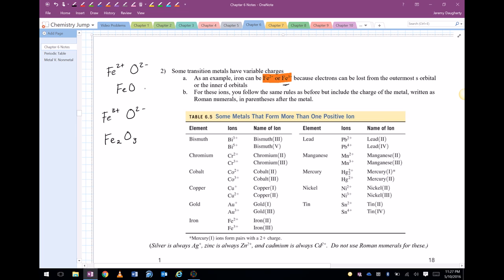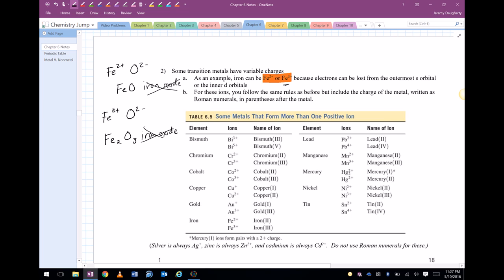But what would you call this? Well, this one, according to our naming rules so far, is called iron oxide. And this one, according to our naming rules, is iron oxide. But the thing is, they're two different compounds, two completely different compounds. So we can't just call them iron oxide.